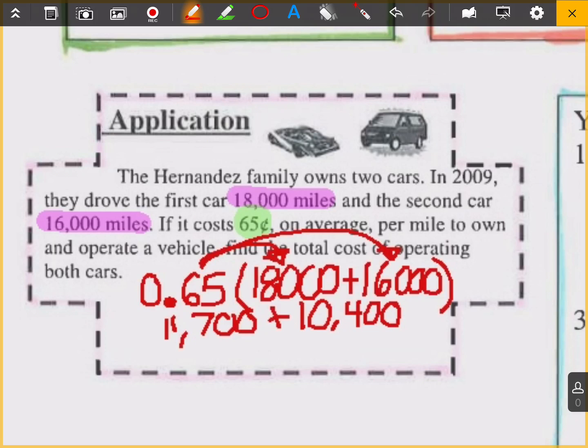Now, that's because I did the math here. I'm not going to show you the math on this one. You should know how to multiply by now. So we're going to just go with what we should have. When we combine these two values, we should end up with a total of 22,100.